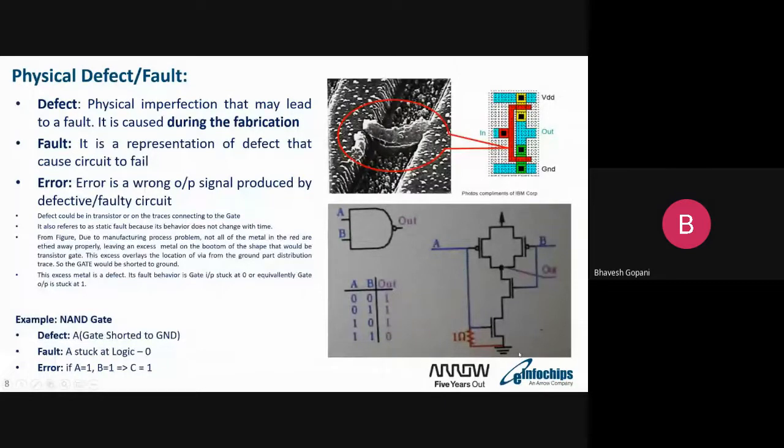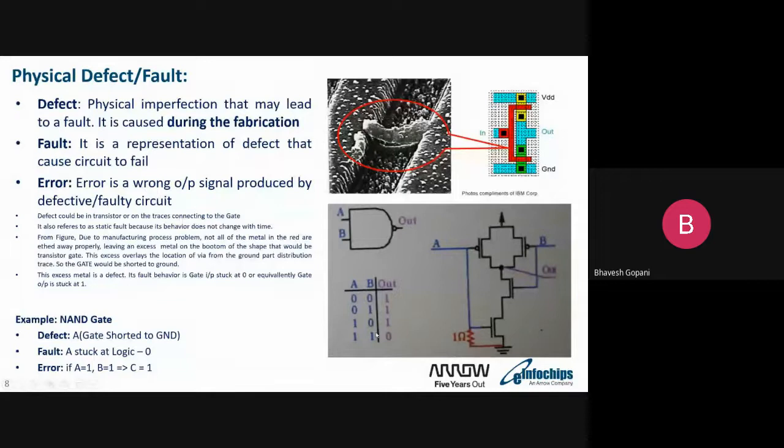What happens now? When we are applying these first three vectors, because this is a NAND gate, with any zero input the output should be one. So when we are applying these three vectors, we are not able to identify any faults on the output side.